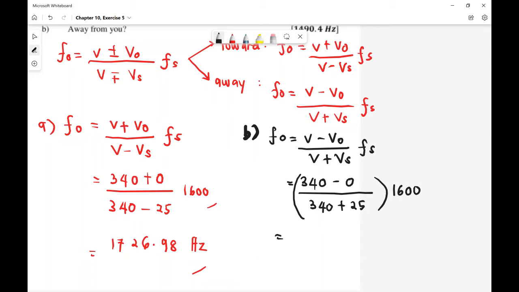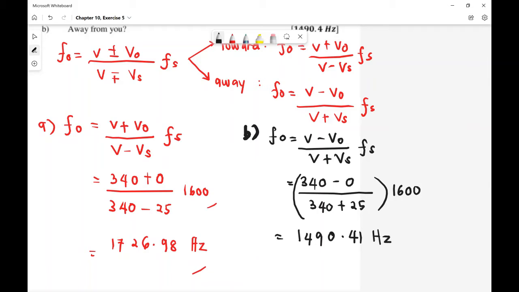Boleh dapat answer. 340 divide with, in bracket, 340 plus 25, dapat answer baru darab dengan 1600. So dapat 1490.41 Hz.